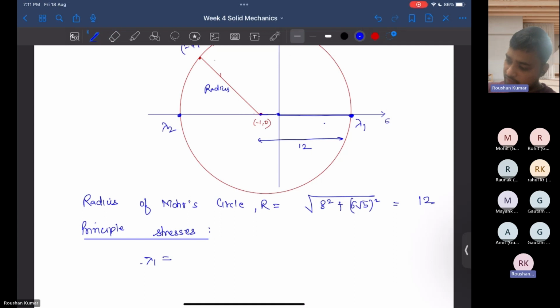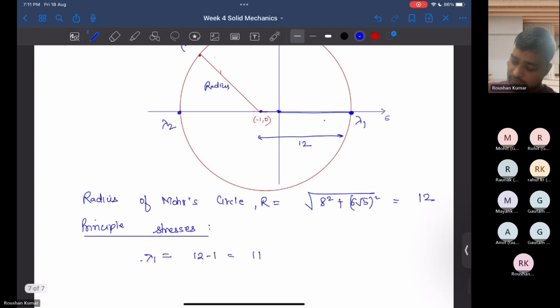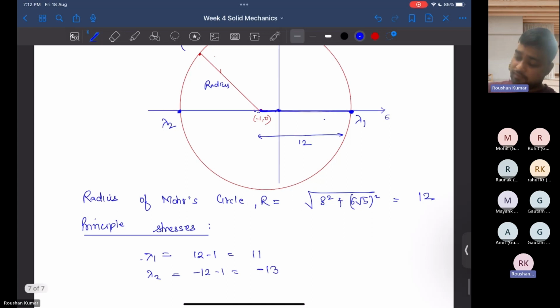What is the distance? 12 minus 1, that is 11. Lambda 2: this is the value of 1 unit and this is 12 units, that is minus 12 minus 1, which is minus 13.